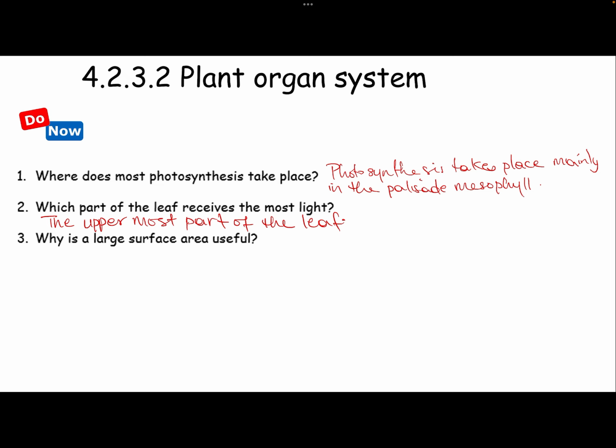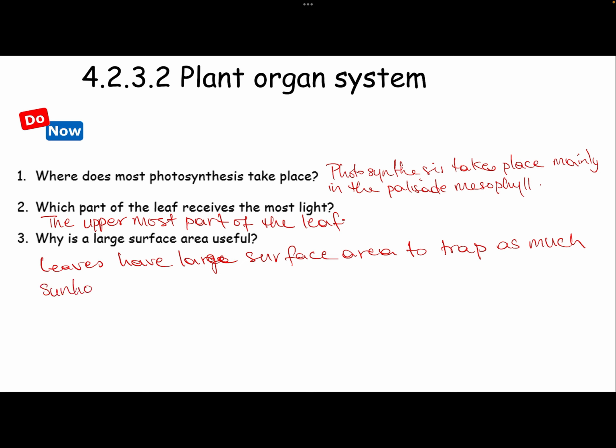Why is a large surface area important or useful? Leaves have a large surface area to capture as much sunlight as possible.